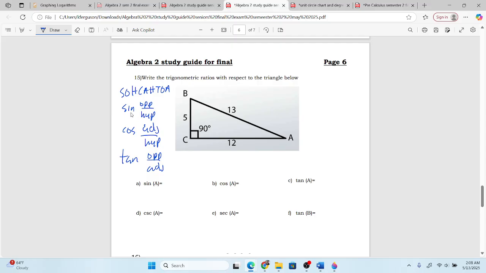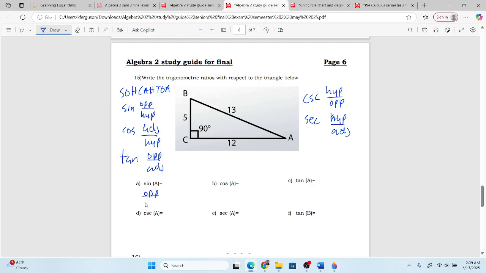So the reciprocal of sine is cosecant, that's hypotenuse over opposite. And the reciprocal of cosine is secant, which is hypotenuse over adjacent. And then I'm looking at tangent of B. I didn't put the cotangent on there. It's okay. So now let's just get it going.